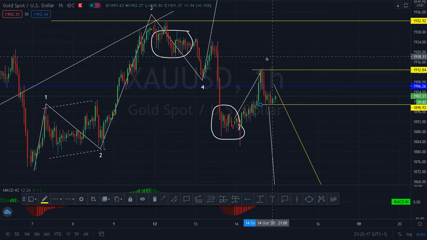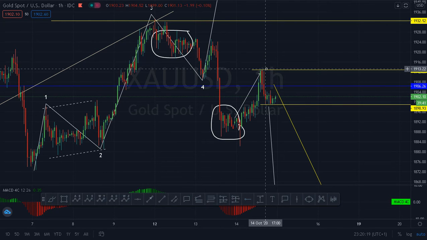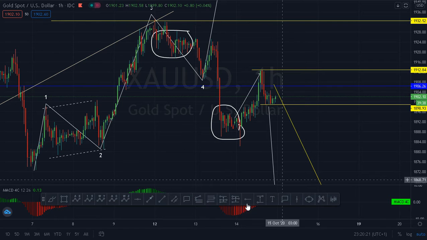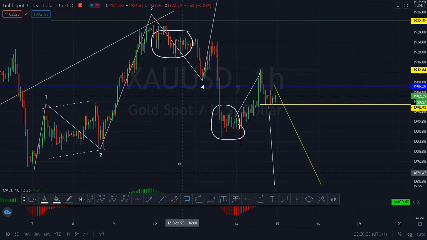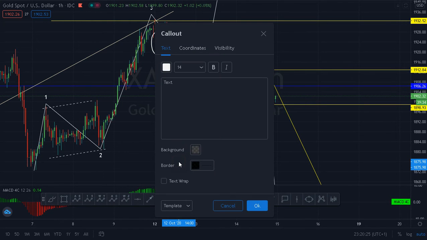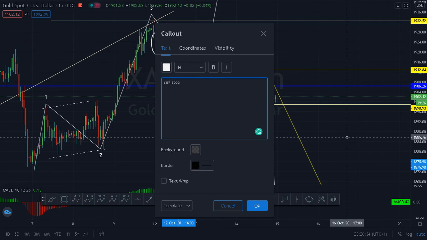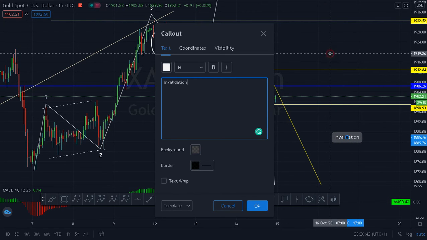And put the stop loss in this area. So, a sell stop order. So that's it.